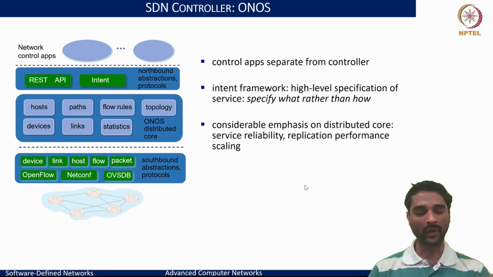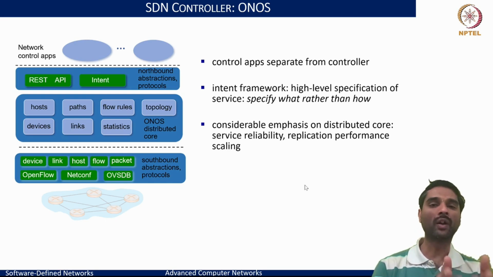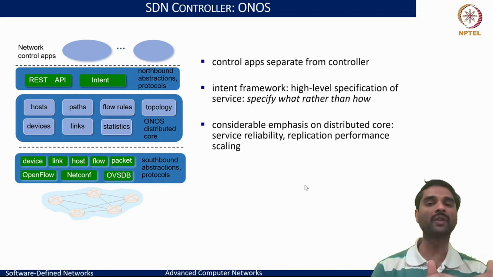And here it aligns with what we just discussed, but we need to remember that whatever is shown here as REST API and intent are the abstractions that are provided as a northbound interface to the application. So when I write an application, I have a choice of defining the ONOS intent and then passing the information down to the devices.